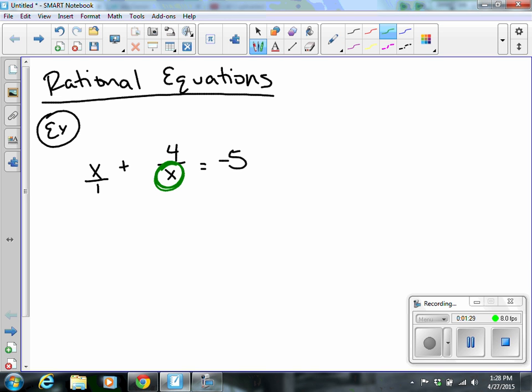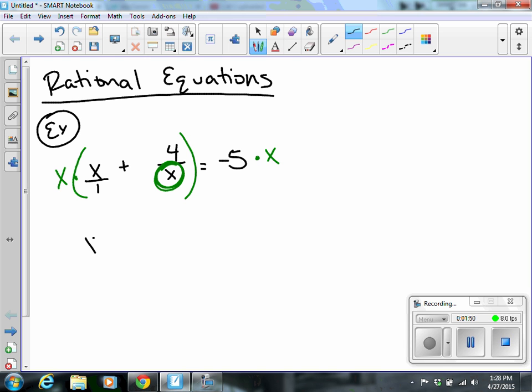So in order to do that, I'm going to multiply everything by x. And now technically this x over 1 I'd multiply by 1 as well, but we aren't going to multiply by 1. So looking here, I'm going to go ahead and distribute.